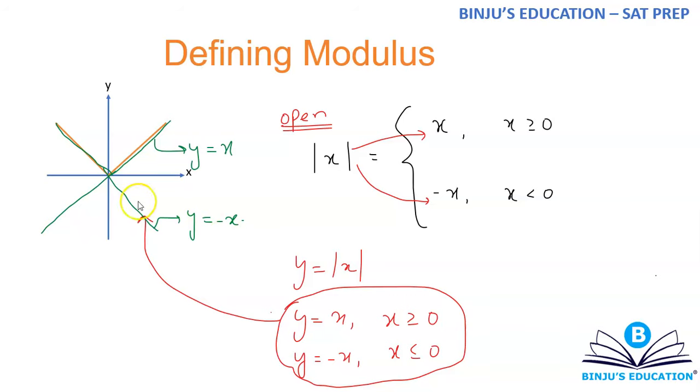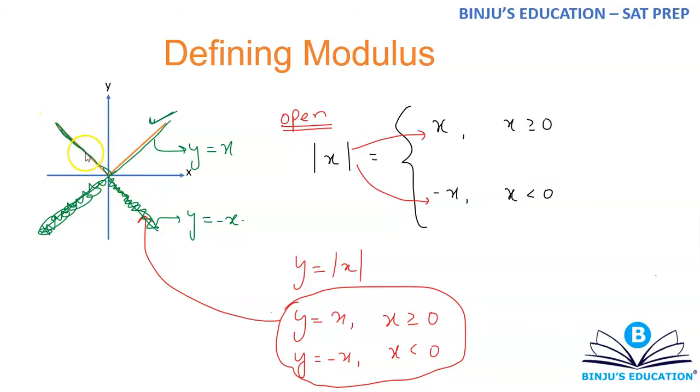Now in the third quadrant, x is negative, so you will cut this part. You will not take this part. You will only take the part of the line which is in the first quadrant. Second one is y is minus x when x is negative. In that case, x is positive in the fourth quadrant, it's negative in the second quadrant, so you will cut the fourth quadrant part.